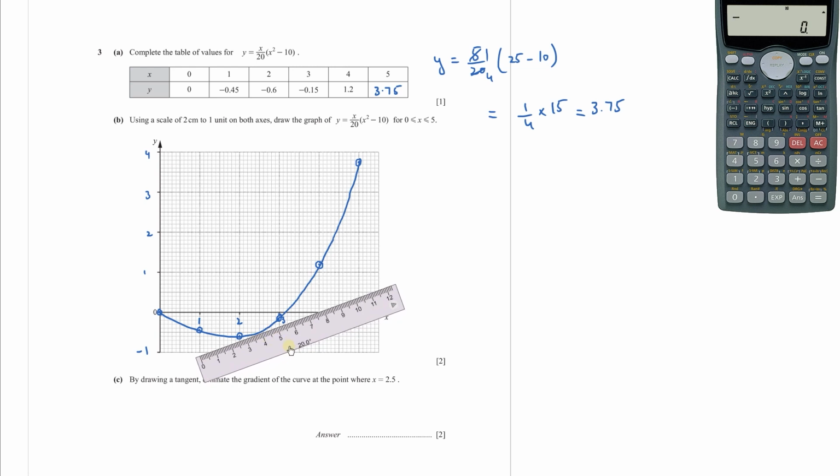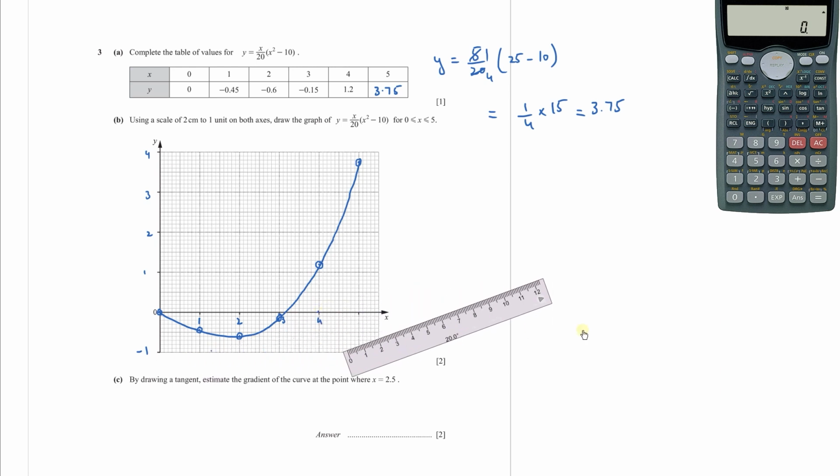So let's see. So yeah, I think this line here will now just touch this curve at x equals 2.5. So this ruler doesn't allow me to draw a line, so I'll just mark these 2 points and then draw a straight line between them. So you can just use your ruler to draw a straight line like this.